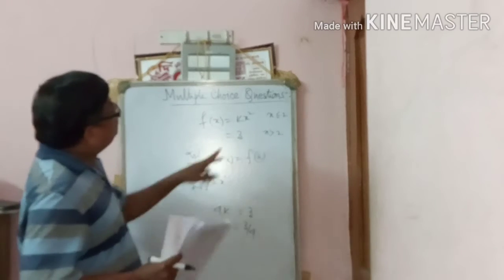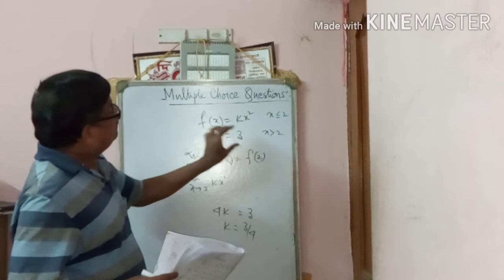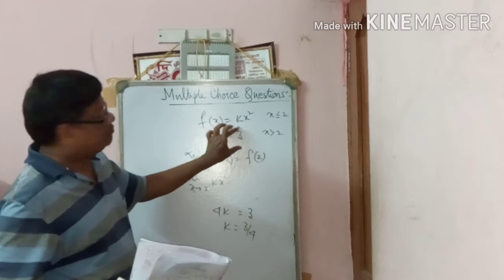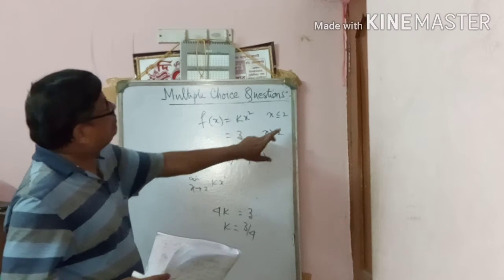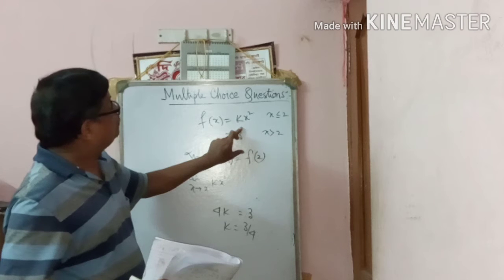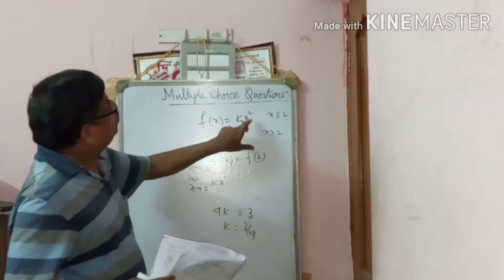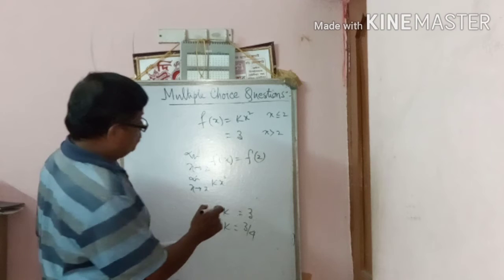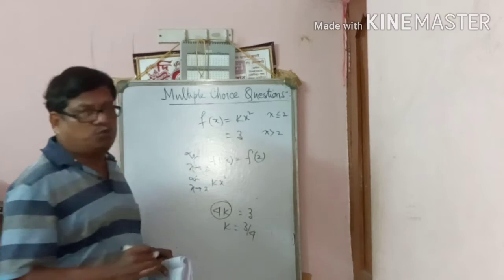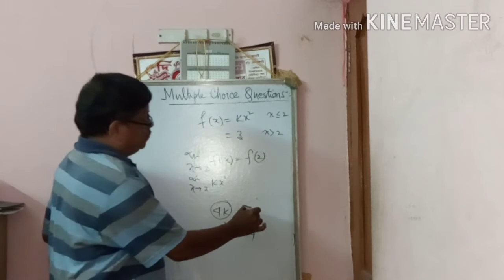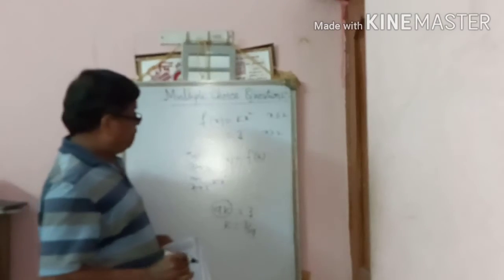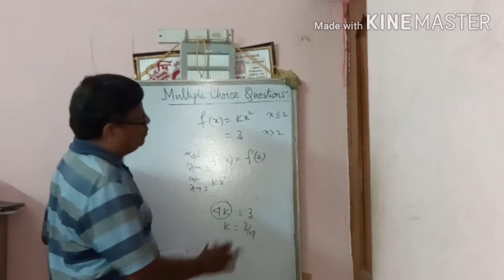The left hand limit is 4k, and the right hand limit equals 3. So 4k equal to 3, so k equal to 3 by 4.